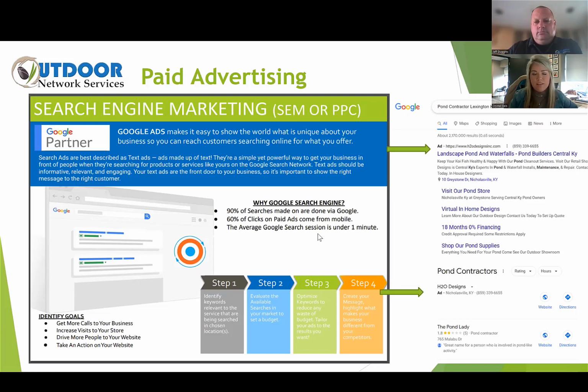Don't quote me on my math. It's something similar to that. But then if you look at the cost per click, and the cost per click, say, for your keyword is $11 a day, well, that's one click per day that you're going to get based on that keyword.